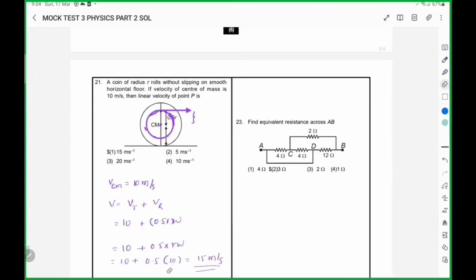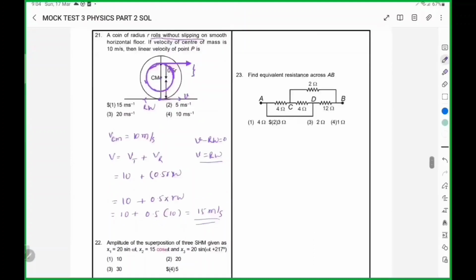So why is this r omega 10? Because it rolls without slipping. Rolls without slipping means the point in contact with the floor, where the translational velocity is V, will be at rest. V minus r omega is zero, so V becomes r omega. Right.